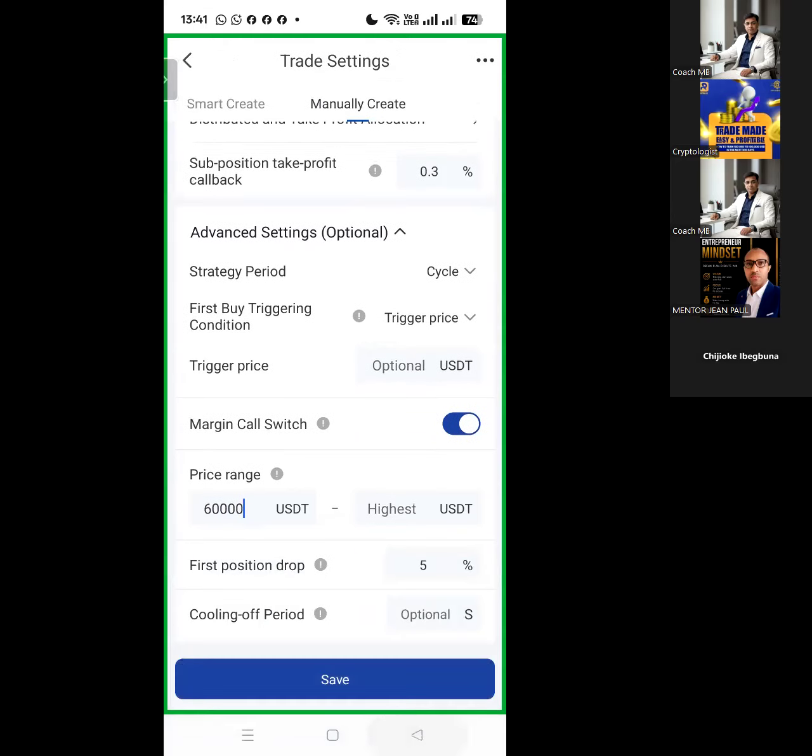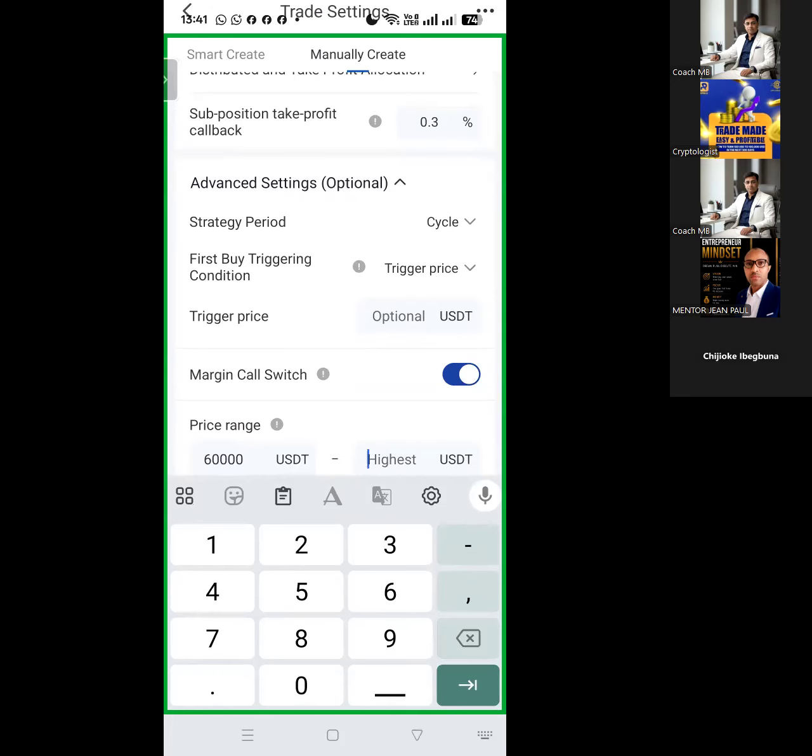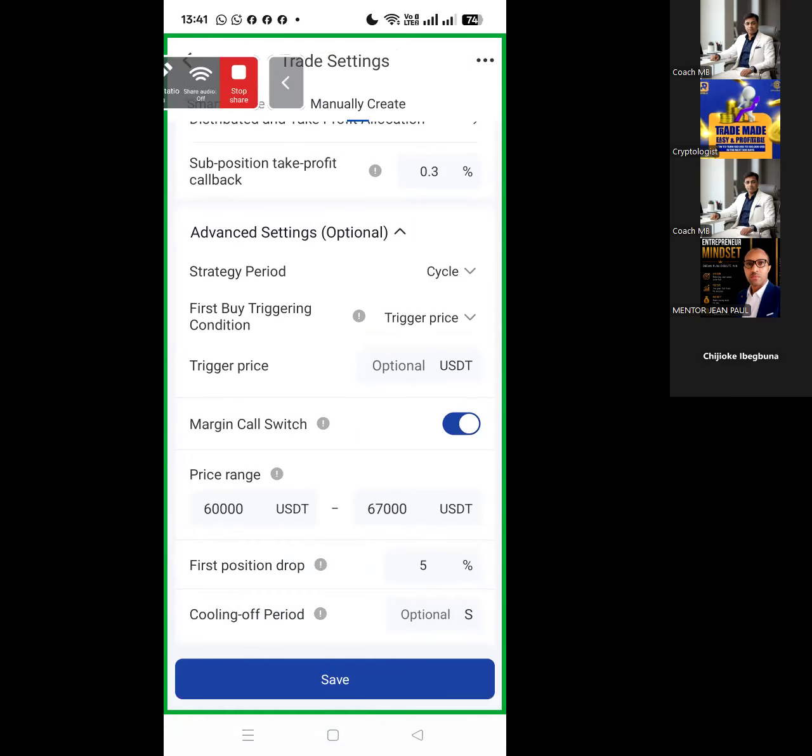If I know that Bitcoin is not expected to go below 60,000, and I can see that the highest price it has gone up to is $67,000, then I want to trade within this range. I don't want to cross below this or above this.